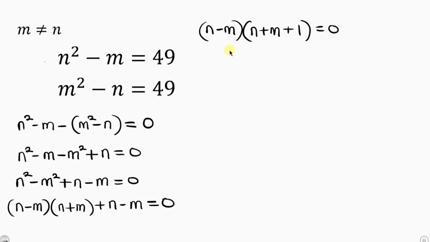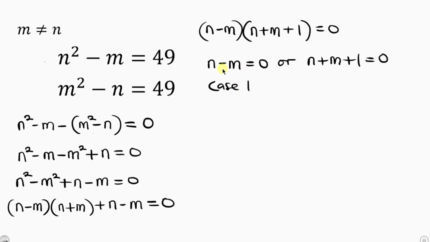So we have two cases. We have this factor multiplying this other factor to give 0. Now let's apply the 0 factor theorem. So this is n minus m equal to 0, or this other one, which is n plus m plus 1 is equal to 0.